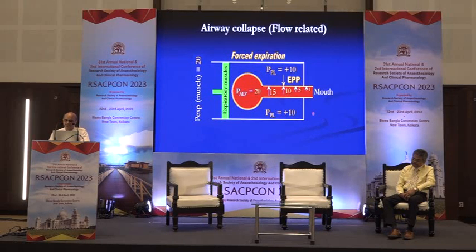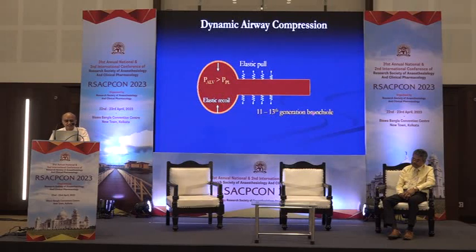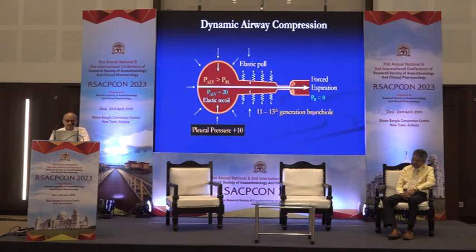This occurs somewhere in the 11th to 13th bronchiole, and this will cause a collapse of the airway at that time, which is called the equal pressure point, when no more of the alveoli can empty because the pleural pressure is now equivalent to the pressure present in the small airways at that time. And this is what will lead to air trapping inside the alveoli.